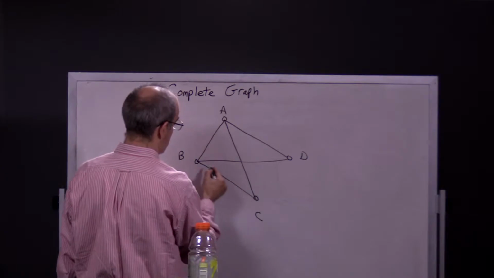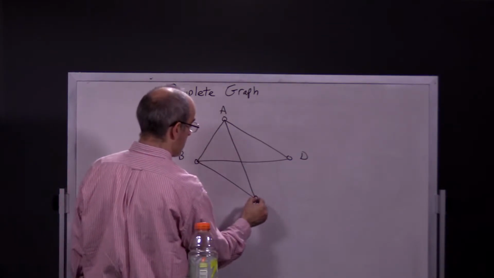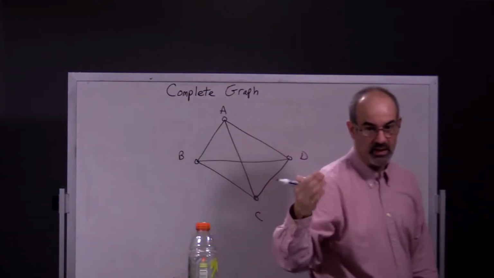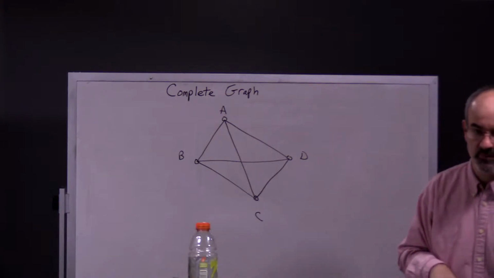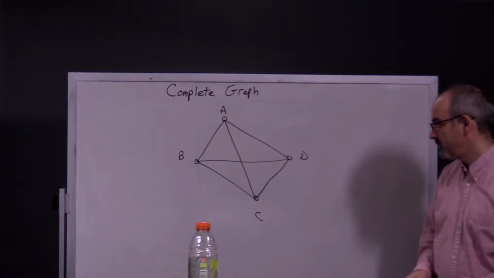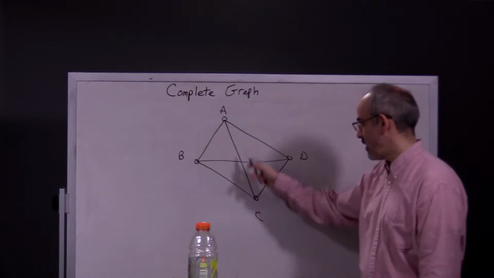This vertex has an edge going to that vertex, and this vertex. Now D already has an edge going from it to every other vertex. So that's a complete graph. Every vertex has an edge going from it to every other vertex.